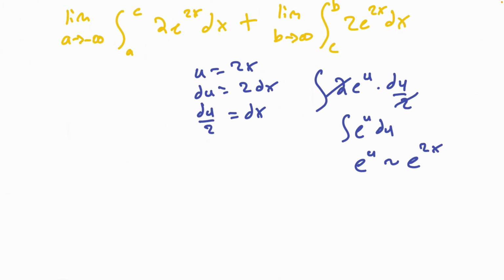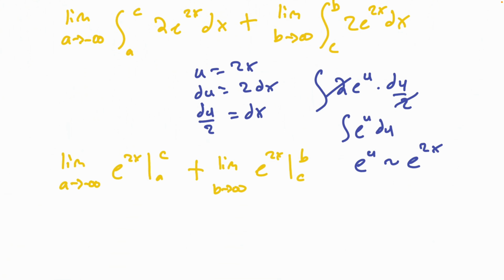So now I can rewrite these integrals. I'm going to say the limit as a goes to negative infinity of, well, actually we don't need the integral, we know it's e to the 2x, so e to the 2x evaluated from a to c. Then we're adding to that, picking up from the other side of c, the limit as b goes to infinity of e to the 2x from c to b.